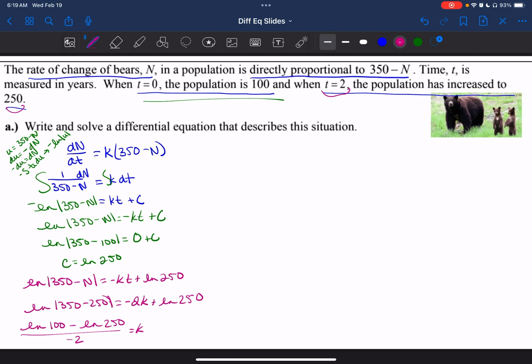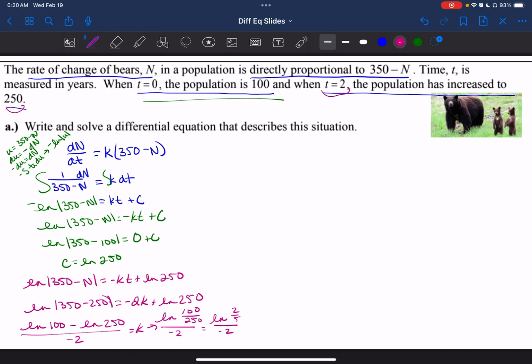Okay, well, I could simplify this some. I could use some logarithm properties in the numerator to make that the natural log of 100 over 250, all over negative 2. So that's the natural log of, let's see, I guess that's 2/5 over negative 2. Okay, so that's k.